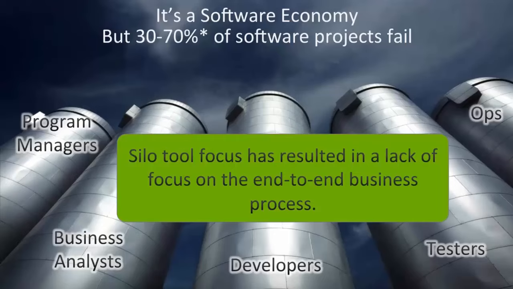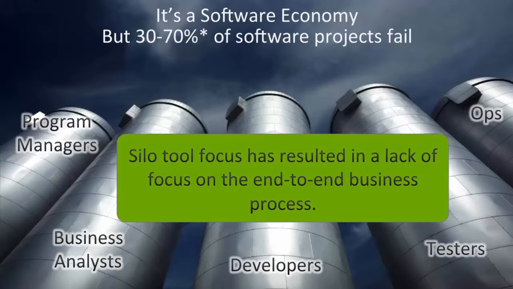So this is a classic top slide, if you will. But over the years, what we've seen is that these silos have continued to develop and build up. We've gotten very good at development and test and operations, and the focus has been on these individual silos.